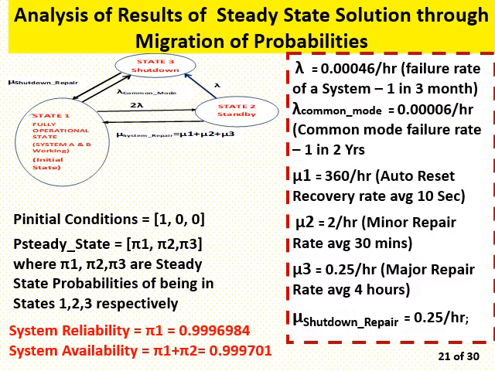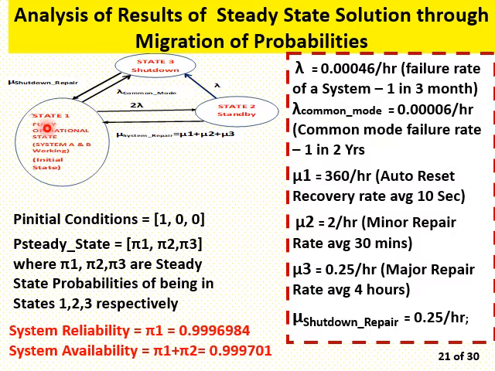This slide gives the analysis of results of the steady state solution through migration of probabilities. The Markov model of the system will contain a single initial state which represents the fully operational system.